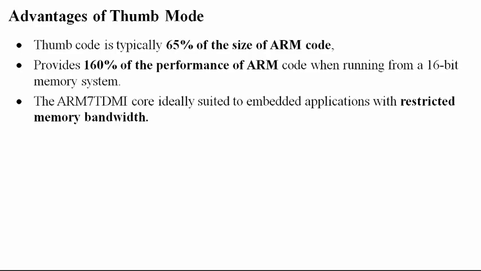So guys, when you talk about embedded system applications, memory will be very crucial. You should optimize your program and reduce it as much as possible in order to dump it into the controller. So wherever there is a memory constraint, or wherever there is restricted memory, there you can use this thumb mode instead of ARM mode.